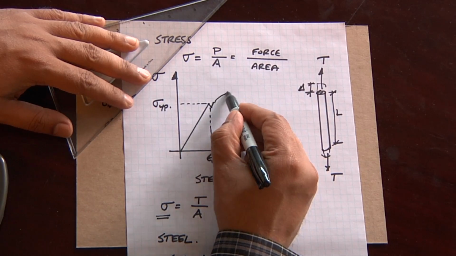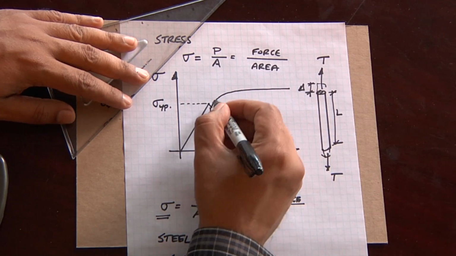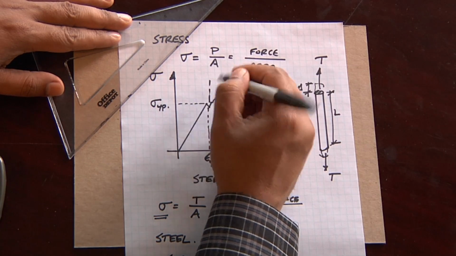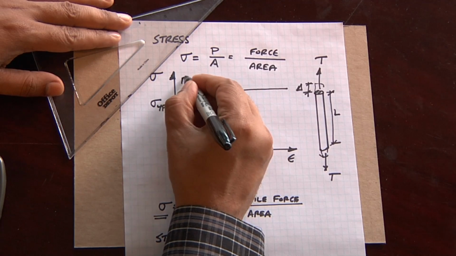At that point, the bar begins to deflect substantially more, and a lot of fundamental properties in the bar change. In simplified terms, the bar, once it passes the yield point, will never go back to its original condition. Everything on the left side of the yield point is called the elastic zone.